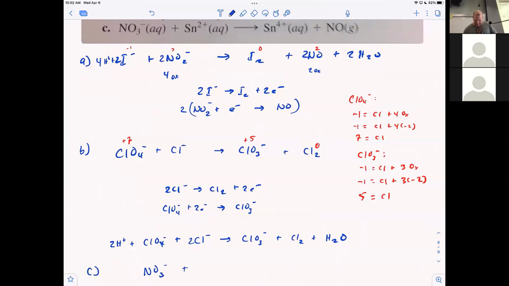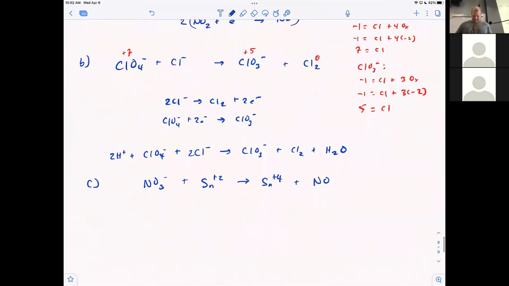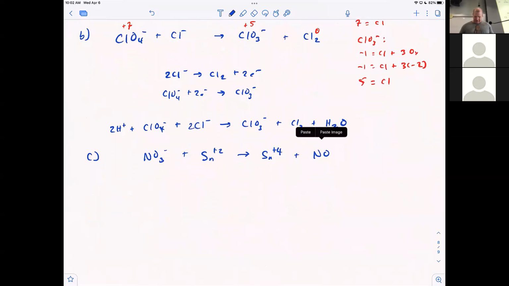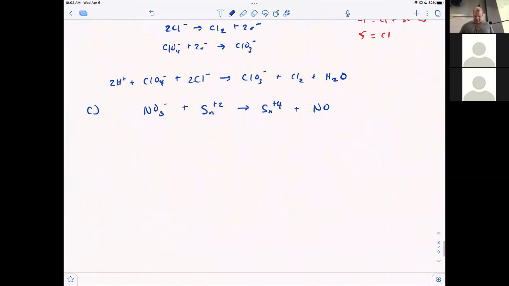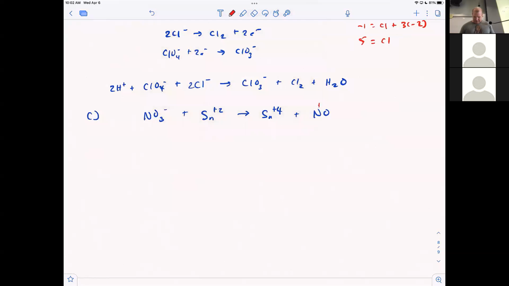Nitrate plus tin plus 2 makes tin plus 4 plus NO. All right, so already mentioned, this one is plus 2 because we've already done nitrate.